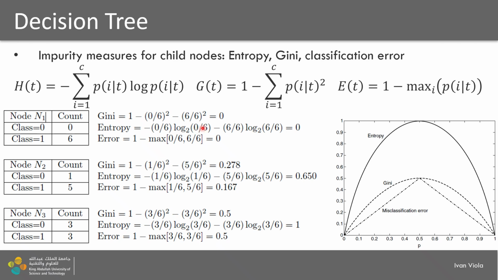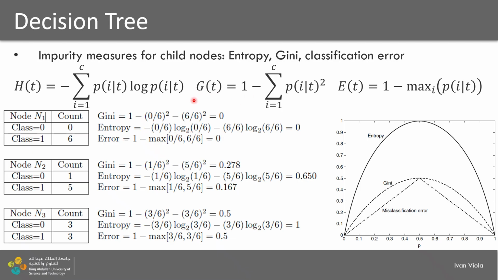Then we have 6 divided by 6, which is 1, and the logarithm of 1 is 0, so this will be 0 as well. So we will have entropy 0 in case we have a highly pure class.